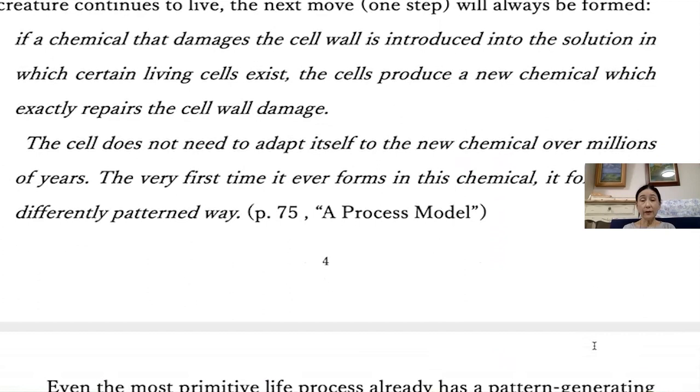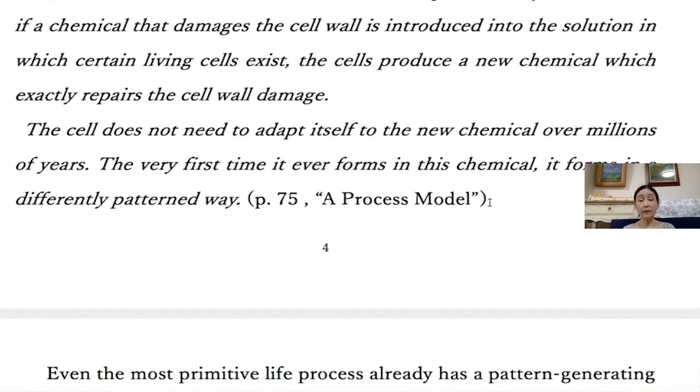The next part is a citation from A Process Model, page 75. If a chemical that damages the cell wall is introduced into the solution in which certain living cells exist, the cells produce a new chemical which exactly repairs the cell wall damage.